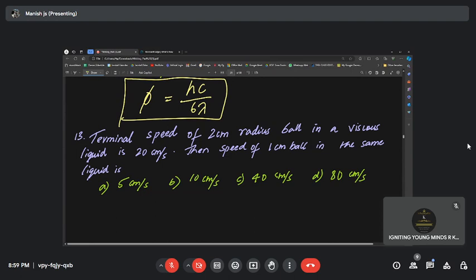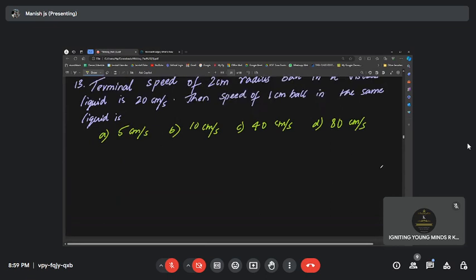So for this terminal velocity, what's the formula for terminal velocity? Anybody? So the general formula for terminal velocity, hope you guys might be knowing. So Vt is equal to 2r squared times rho minus rho naught into g upon 9 eta.